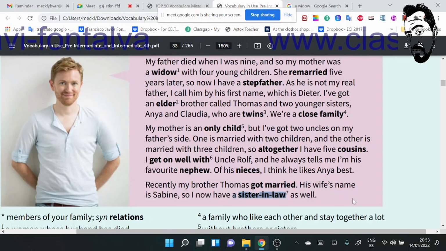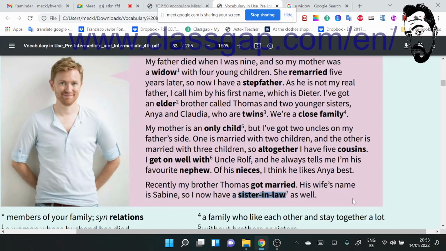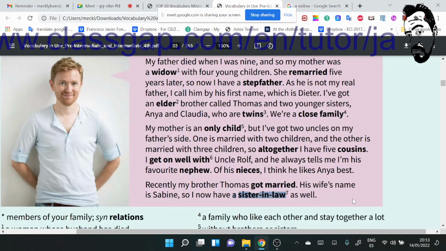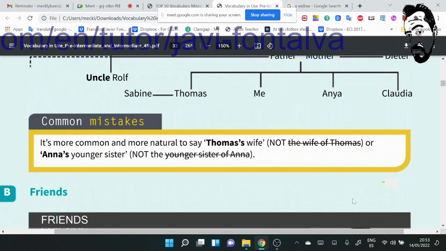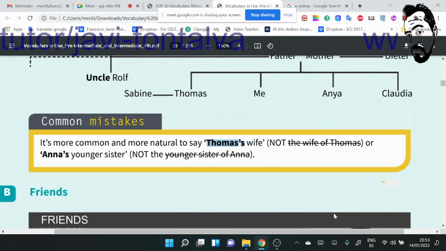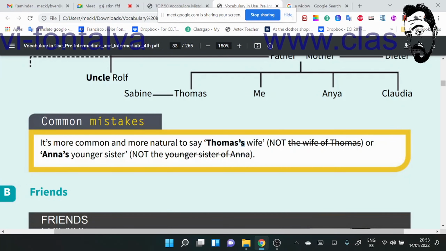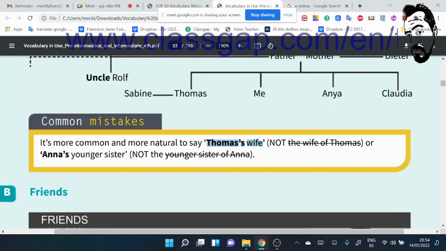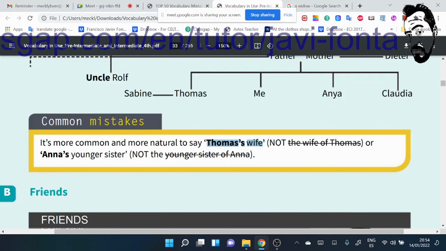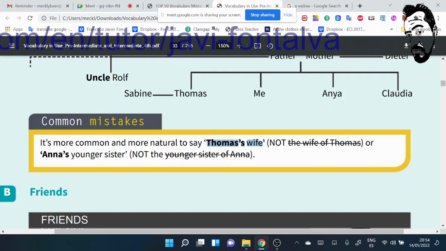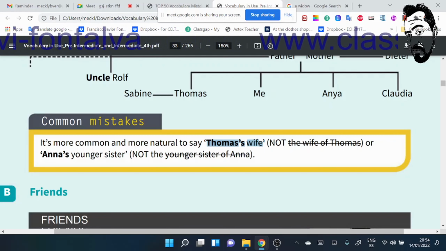So you have sister-in-law, mother-in-law, father-in-law, etc. By the way, when you talk about family relationships, we usually say Thomas' wife. You never say the wife of Thomas. Or you say my father's brother, or my friend's dog, or my boyfriend's car.